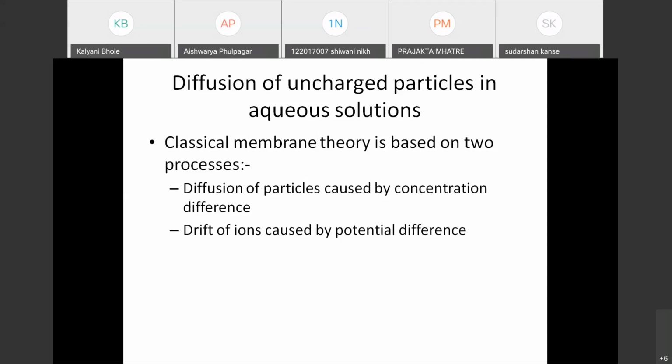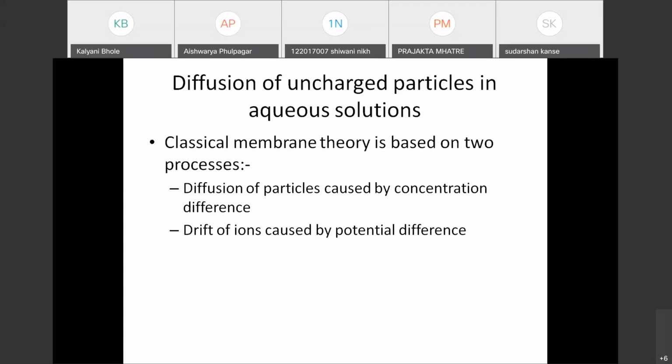Diffusion of charged particles across the concentration gradient, or the concentration difference, simply means that if there is a difference in concentration, say you have a liquid separated by a semi-permeable membrane, permeable to a particular ion. On one side of that membrane the concentration is more, and on the other side the concentration of that ion is less.